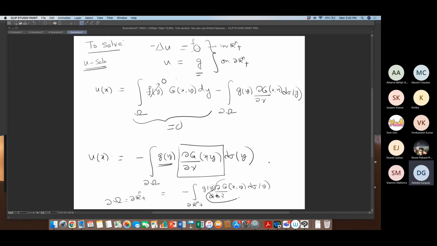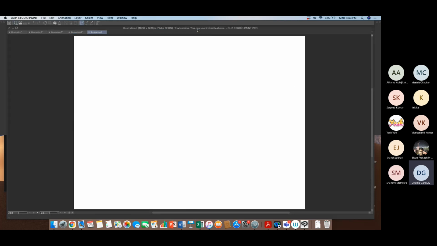We want to compute explicitly what is del G by del nu. Okay, and we will see it at the point when omega is R^n_+. You can directly compute, right? Del G by del y_n at any point (x,y), the y_n derivative is minus 1 by n alpha(n) times (y minus x). I am computing for n greater than or equal to 3, because you know what phi(x,y) is for n greater than or equal to 3.